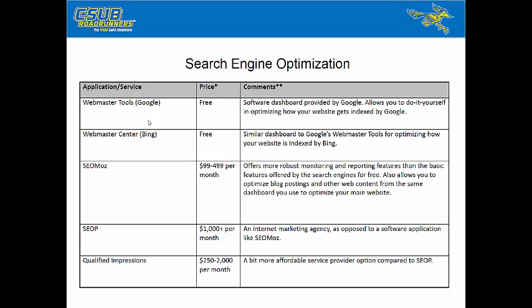SEO Moz starts as low as $99 a month. SEOP is more like $1,000 a month, and Qualified Impressions could start as low as $250 and go up. They all help you to improve the results of your web page in Google searches.